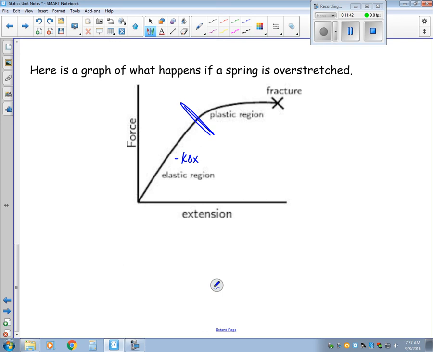Once we get past the elastic region, we enter the plastic region, and now it's no longer linear. So Hooke's law will not work in the plastic region. And obviously, if you pull it too far, you can break the spring altogether. And that concludes video 3.